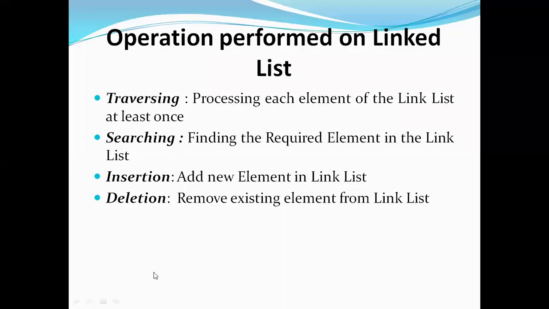Traversing means we can access each element of the linked list at least once. Searching means finding a particular element in the linked list. Insertion means we can add an element in the linked list at any location. And deletion means we can remove any element from the linked list from any location.